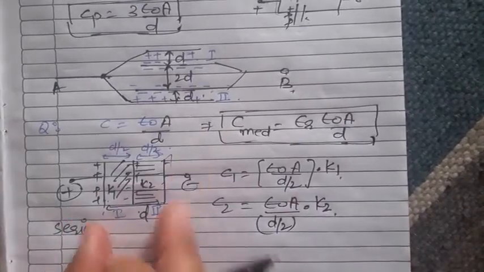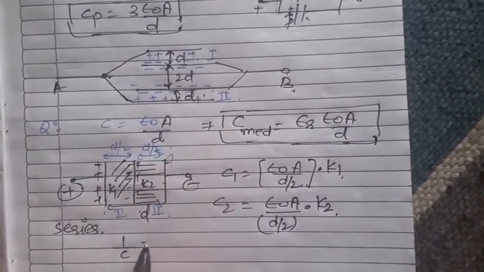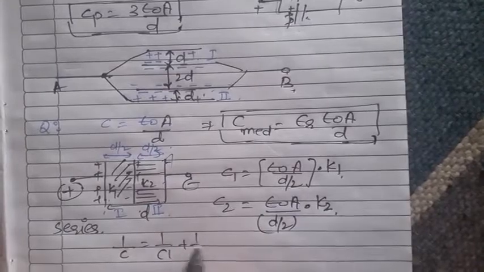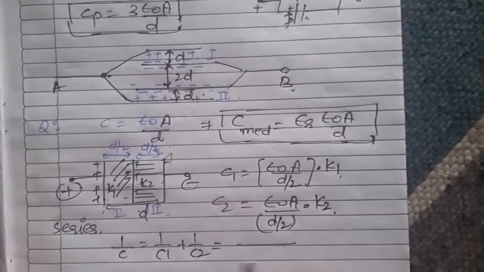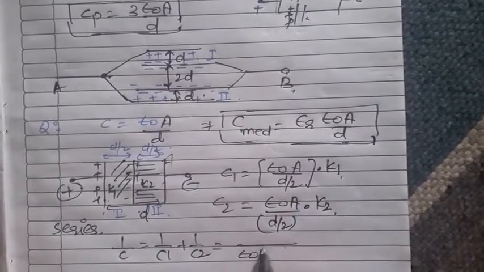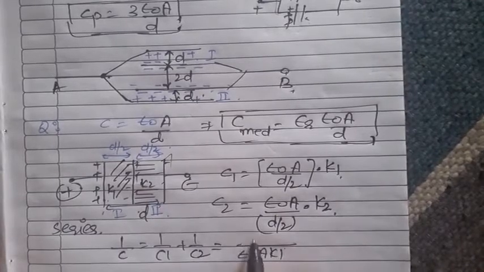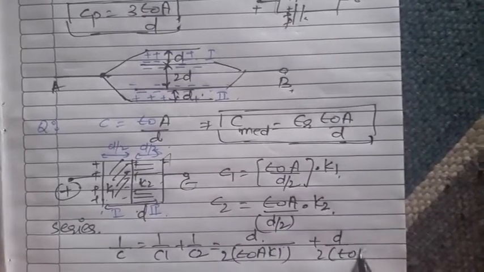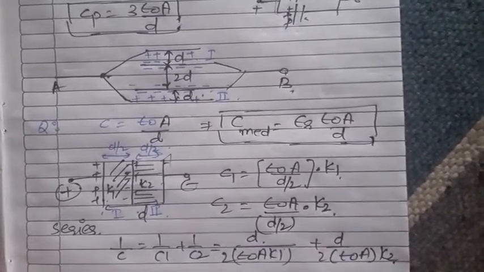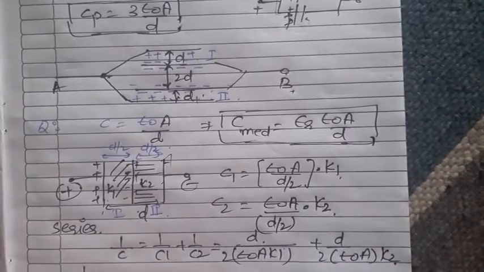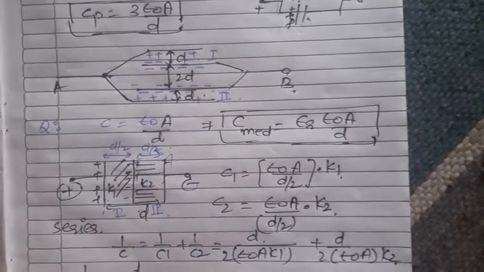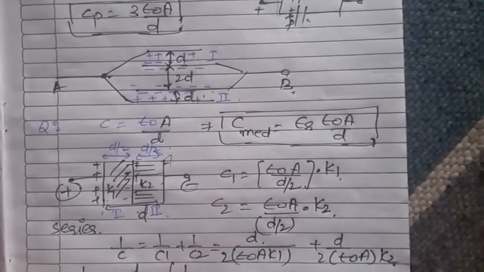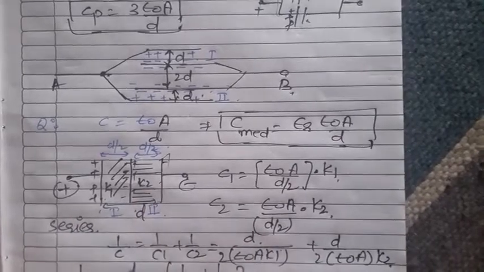Since both are connected in series, the answer will be 1 by C equals 1 by C1 plus 1 by C2. If you put in the values, you get D by 2 epsilon naught A K1 plus D by 2 epsilon naught A K2. 1 by C, you can take 2 D by epsilon naught A common. Inside you get 1 by K1 plus 1 by K2.